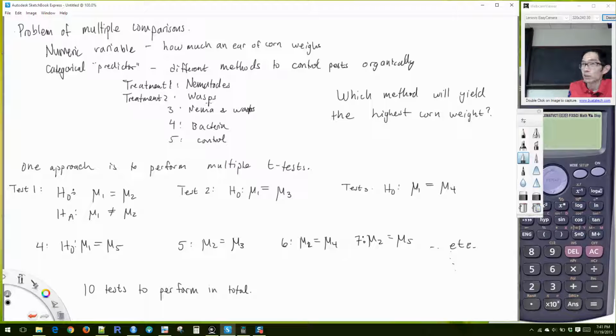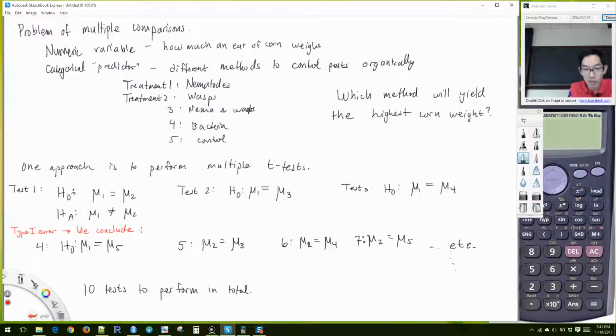Okay, so a type 1 error is rejecting the null when the null is true. So what would a type 1 error in the case of test 1 be? So type 1 error is that we conclude nematodes and wasps yield different corn weights.